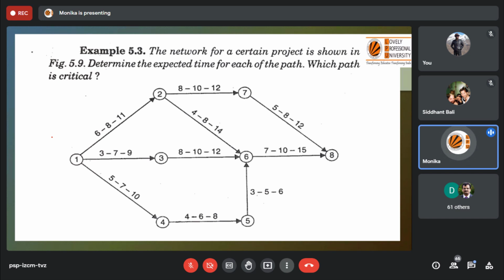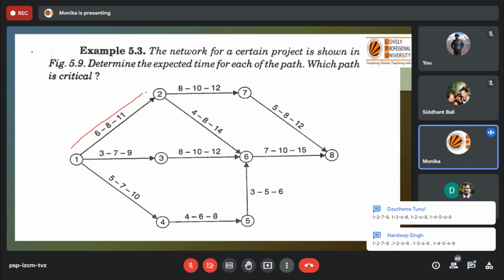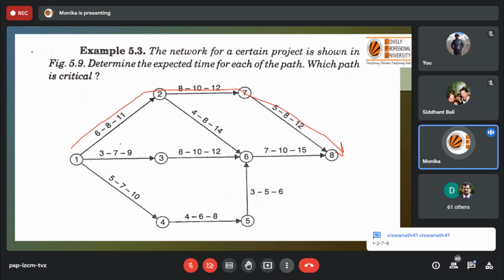So yes, I was talking about this network diagram. You can see in this network diagram, what types of paths are there? Can you please write in the chat box? As I can show you, the first path is 1, 2, 7, and 8. This is one path, right? Vishwant has written 1, 2, 7, 8. Anyone else who can tell me what other path is there?